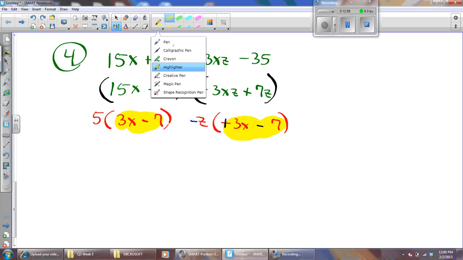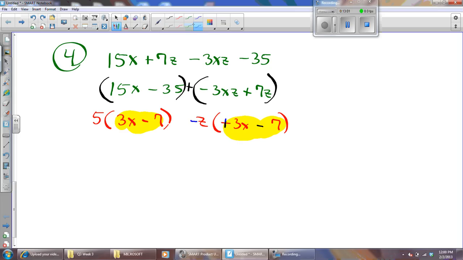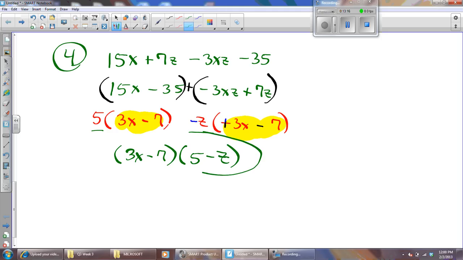So now we're ready to GCF our third time. And this third one is the easiest because I take that highlighted quantity, and then I'm left with 5 minus z. And that's it. That's all there is to it.